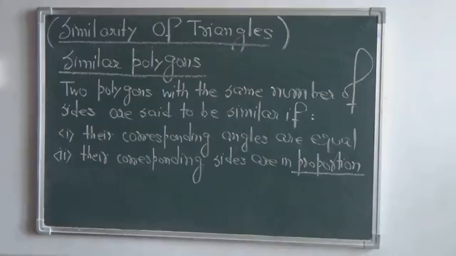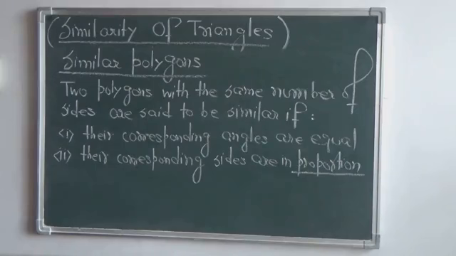Now here we will be first discussing the basic proportionality theorem, which is also known by the name Thales theorem. So before that, let us again have a review of this. What are similar polygons? Two polygons with the same number of sides are said to be similar if their corresponding angles are equal and their corresponding sides are in proportion.